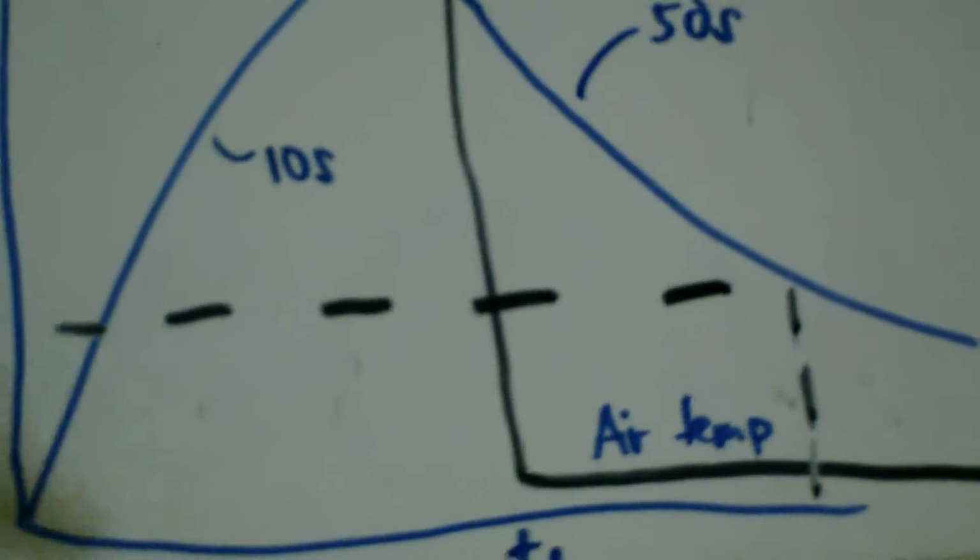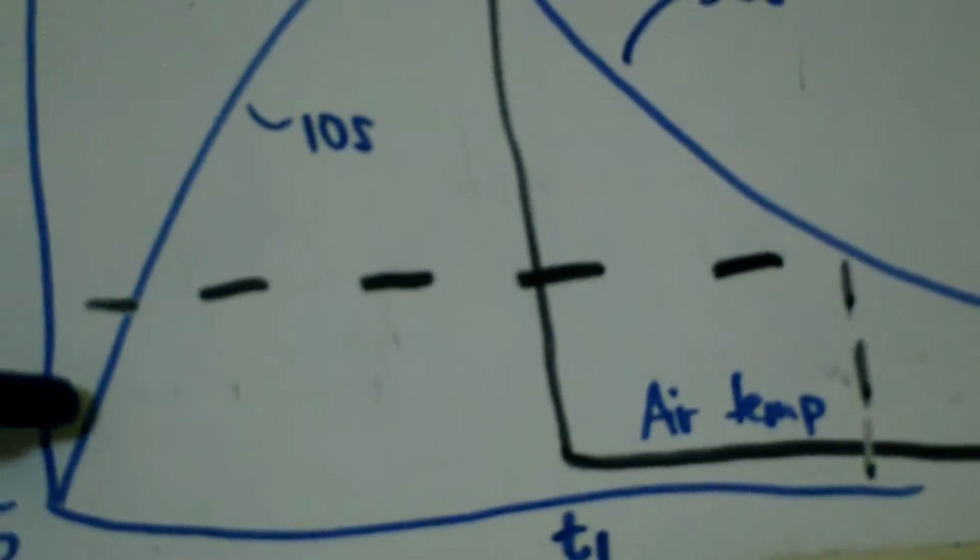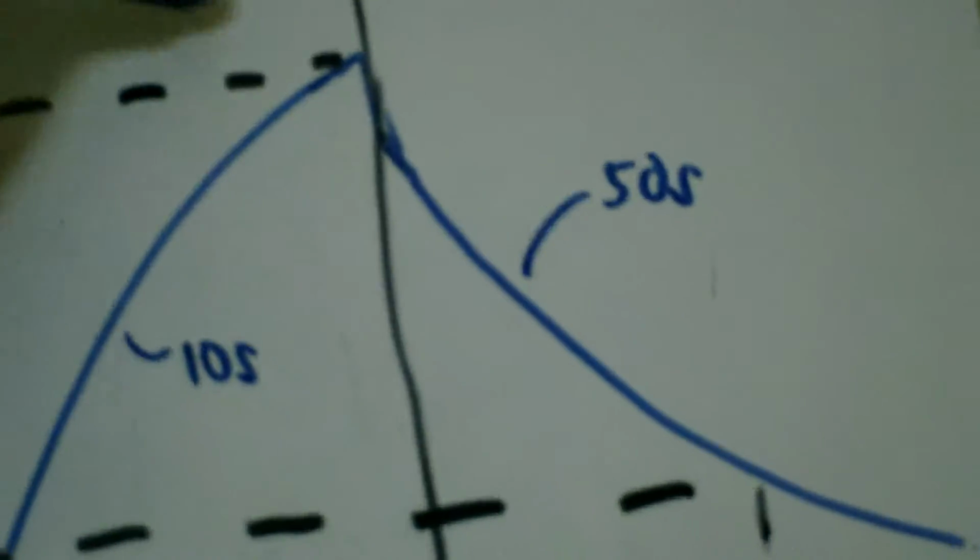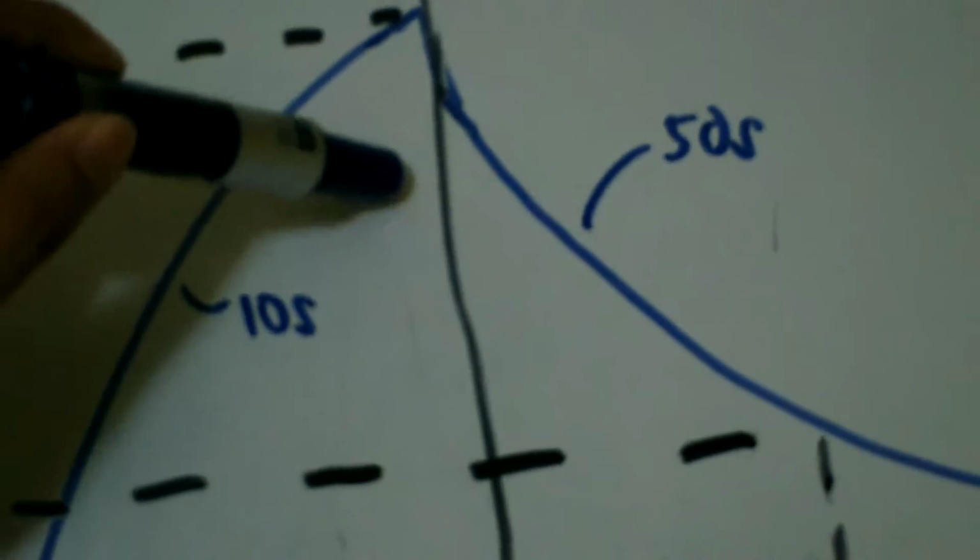Assuming this would be the graph for our equation, this line would be the boundary for the oil bath and for the air temperature.